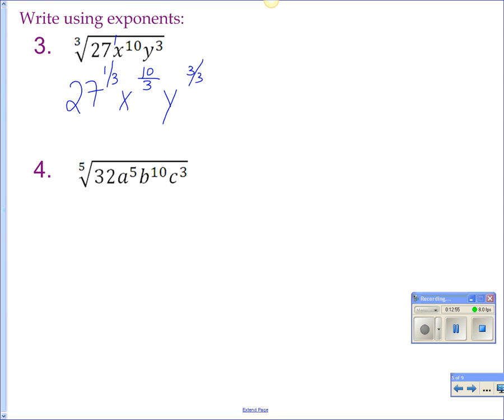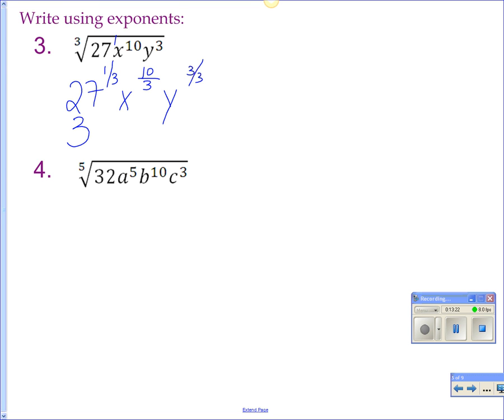This one's not multiple choice, but we do need to finish it. Dana, what do I need to type in my calculator? 27 to the 1/3. Chase, have you typed that in? What are you getting? 3. So for your final answer, you have to write a 3.